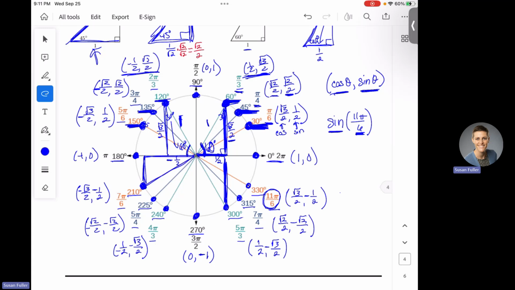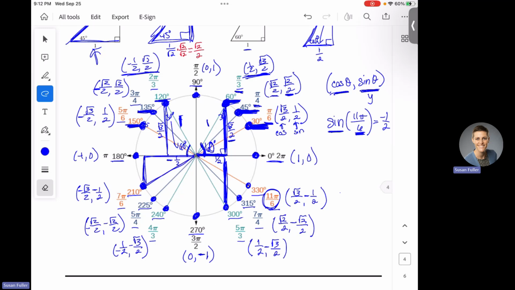And the sine value is the y value in my ordered pair. So I'm going to go to the ordered pair with 11 pi over 6, and I'm going to look at its y value. This tells me that the sine of 11 pi over 6 is negative 1/2. I can just look at the unit circle and tell you that the sine of 11 pi over 6 is negative 1/2.